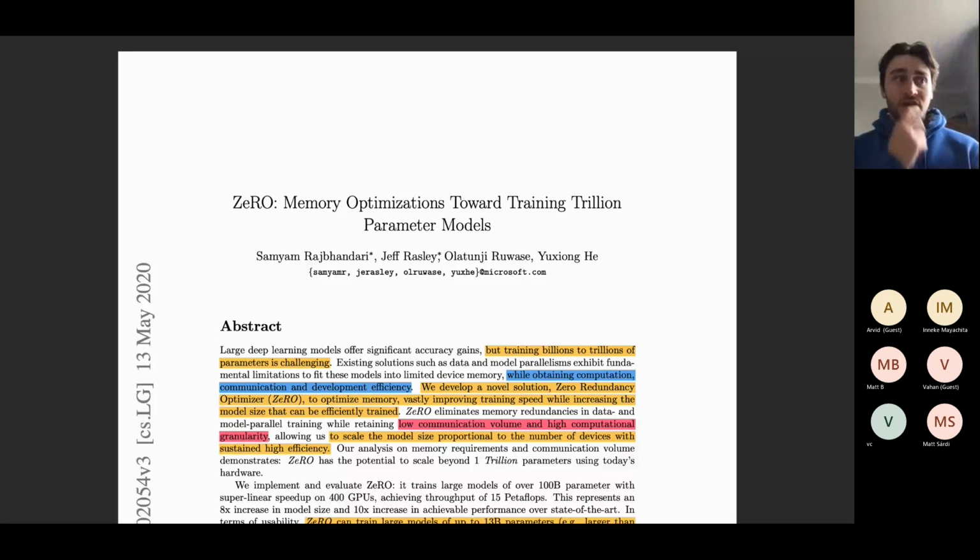So what a lot of this work is focused on, as well as minimizing memory usage, is minimizing, as they say over here in the introduction, they want a low communication volume between hardware and a high computation granularity.